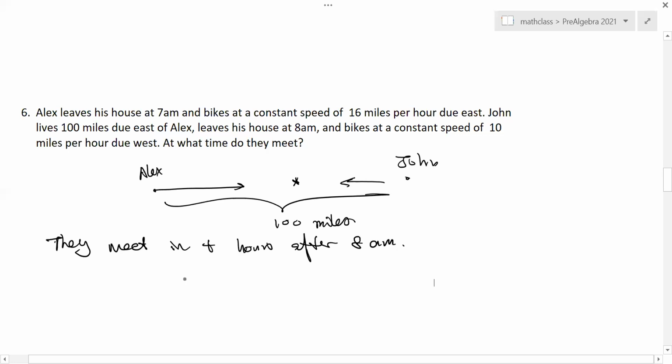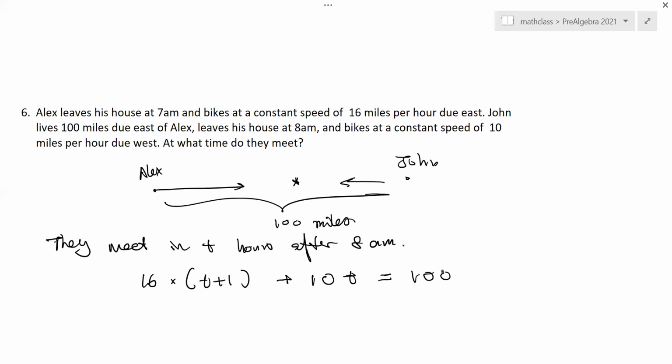So for Alex, 6 times (t plus 1) is the distance he travels, speed times time. Then for John, his speed is 10 miles per hour, so 10 times t is the total distance he traveled. They meet, so they should total travel 100 miles. That is the equation you're going to get.